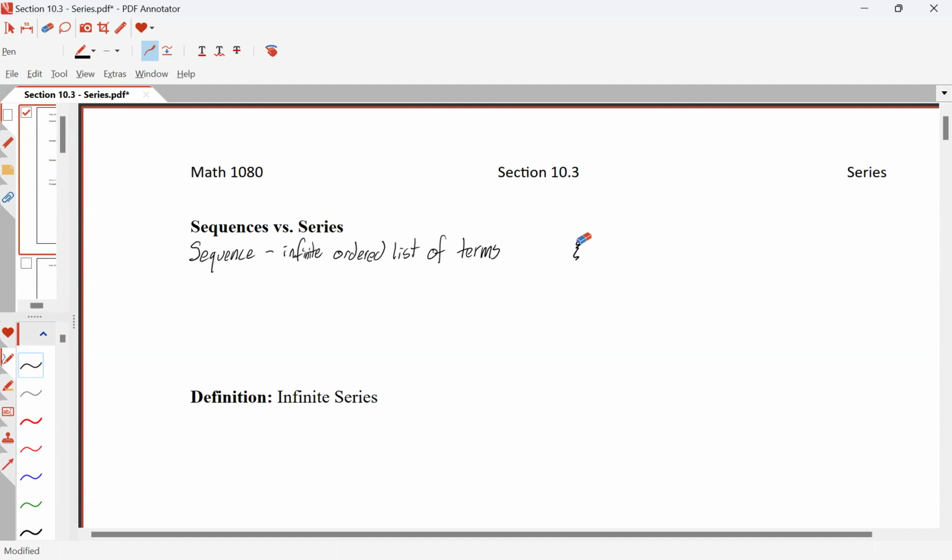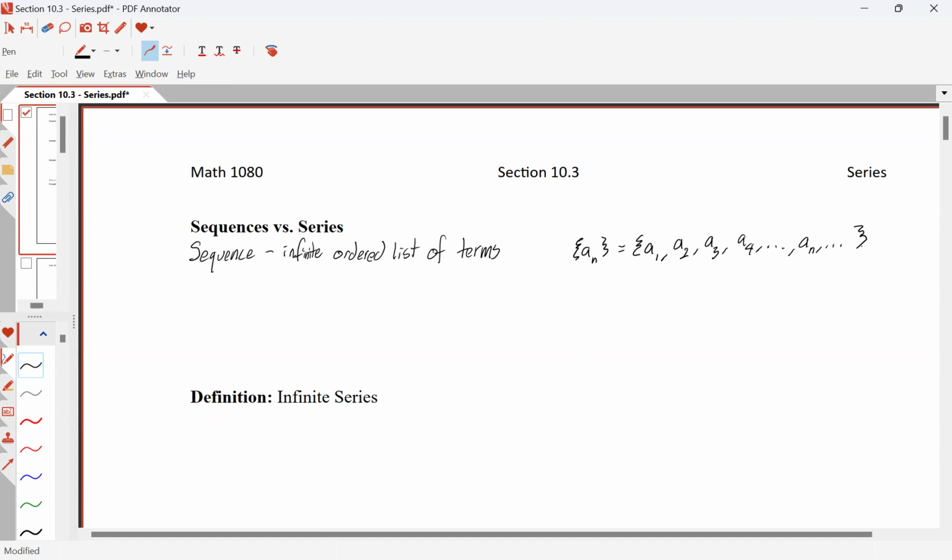So we often write it as a sub n, and that equals the list a1, a2, a3, a4, and so on. Eventually we'd have the nth term, and we keep going as the list never ends.